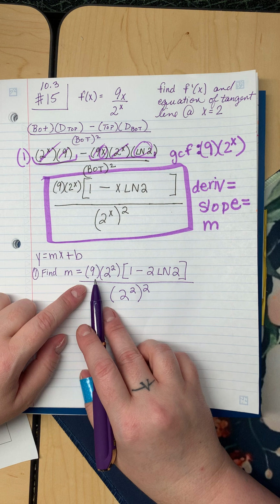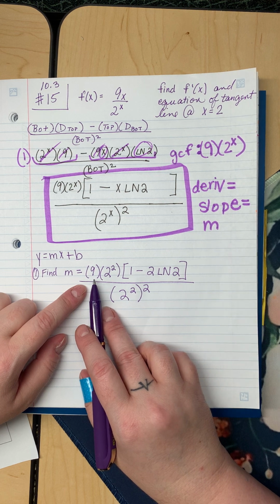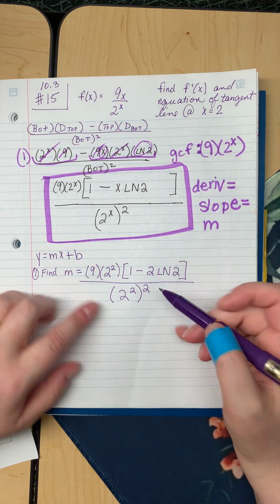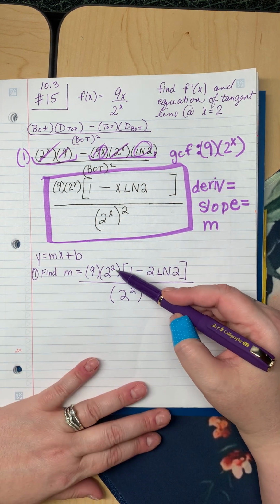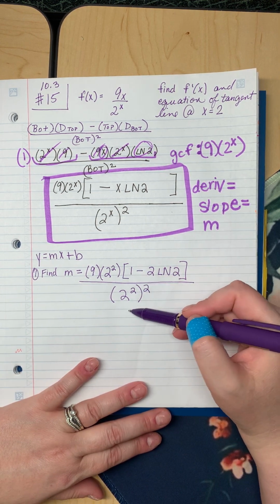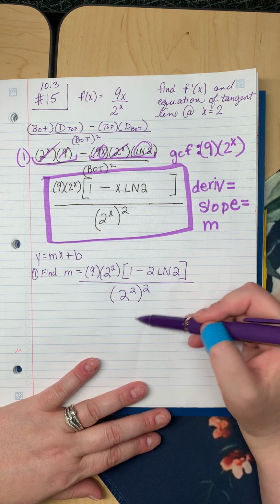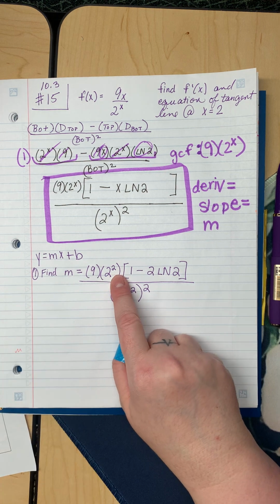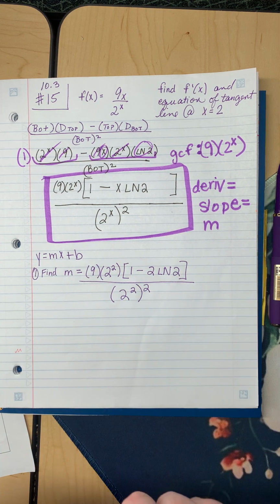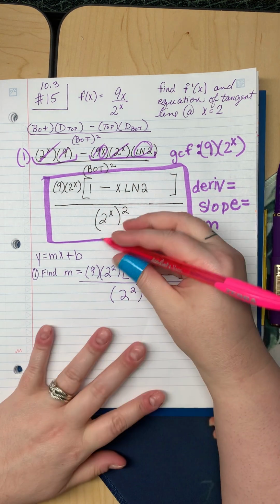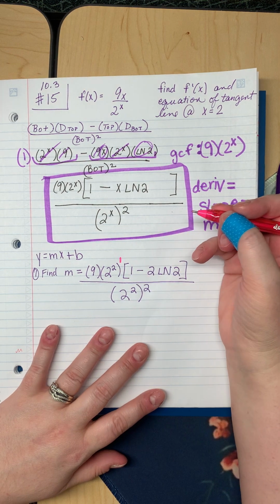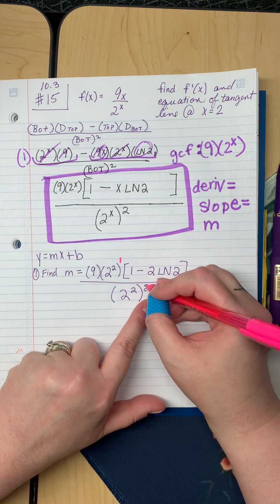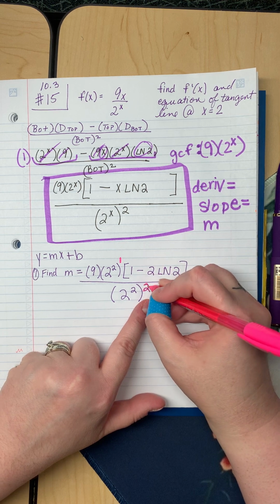First off, I see a 2 squared on the top and the bottom. Those can cancel, because on the top this 2 squared has a pretend exponent of 1 outside, and on the bottom we have an exponent of 2 outside.